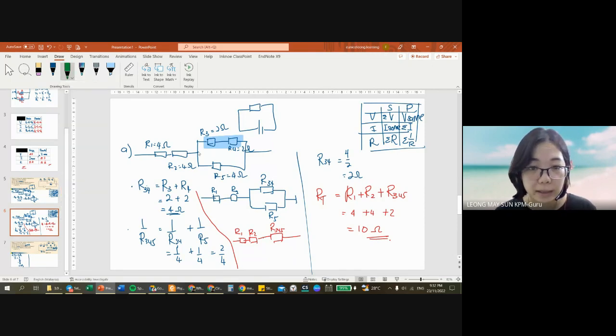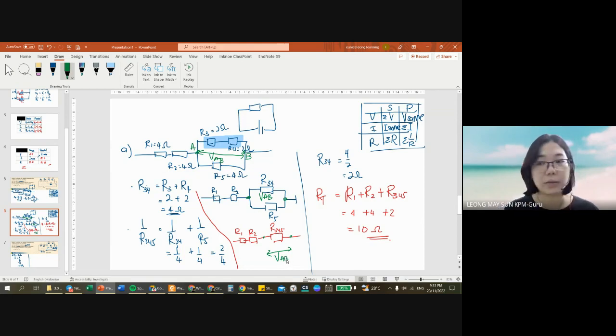This is point A. This is point B. This is the potential difference we want to find, VAB. Then I simplified resistors 3, 4, and 5 into a combination R345, like this. This is the potential difference AB.